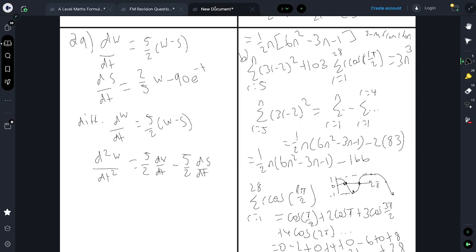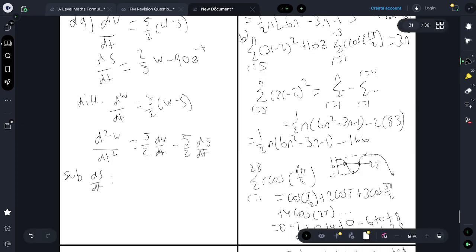So that's great. Now, we know what ds by dt is just in terms of w, so I think we could substitute ds by dt in. Let's see what happens.